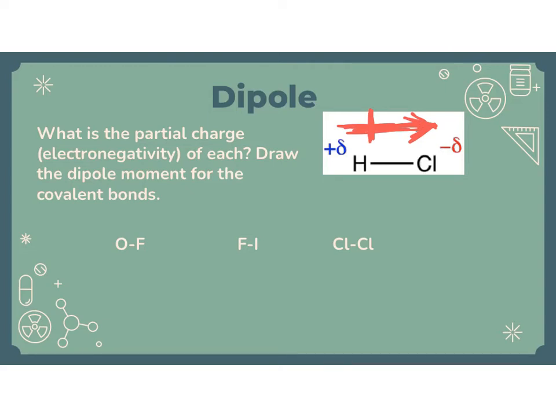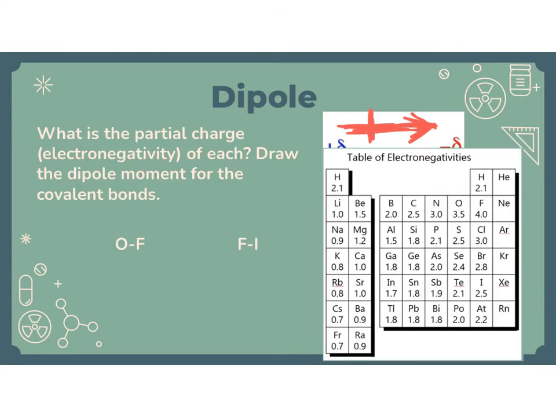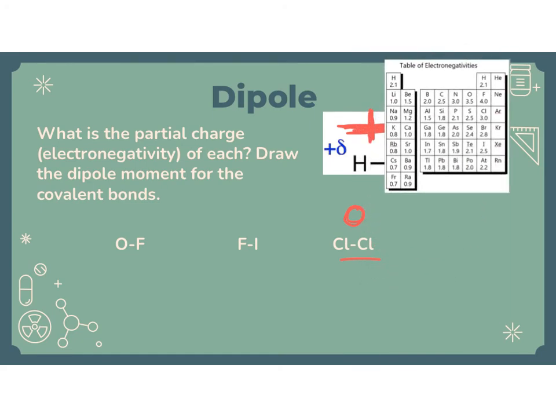Now, in the case of two elements that are the same, the dipole moment would be 0, because they both have the same electronegativity and they are going to share electrons equally. For the other ones, if we want to determine which one has the greater dipole moment, we will have to have that chart of electronegativity so that we have something to measure.